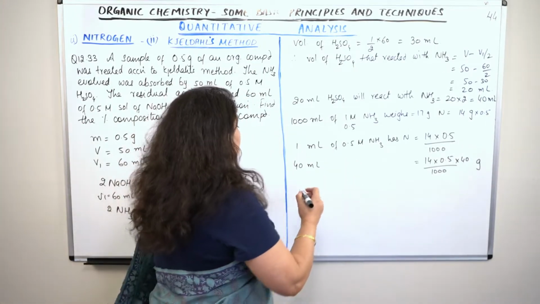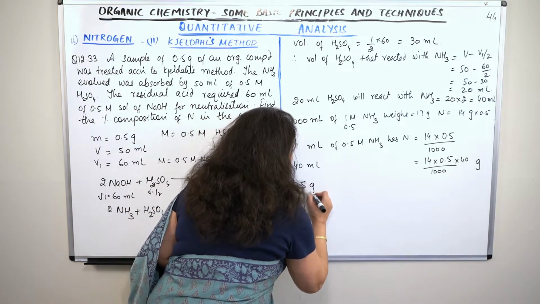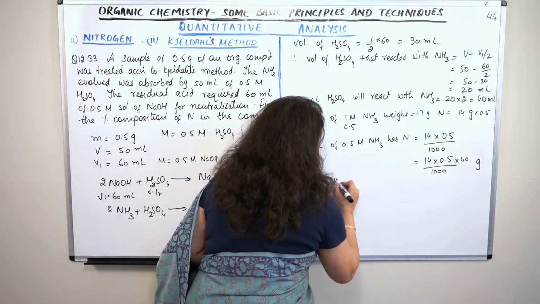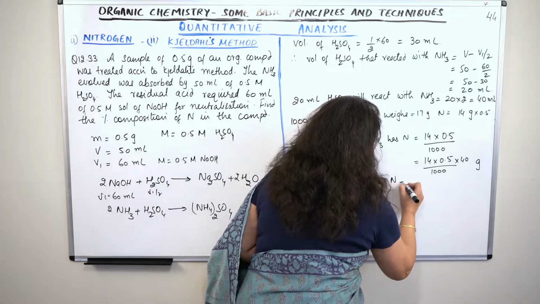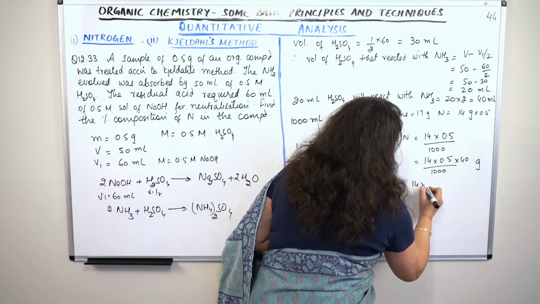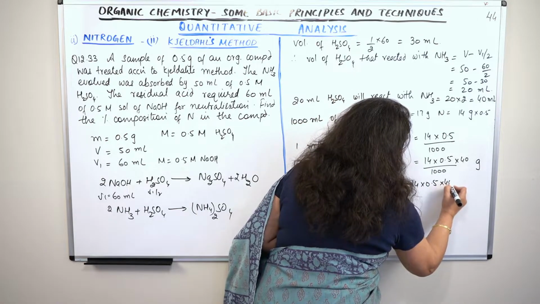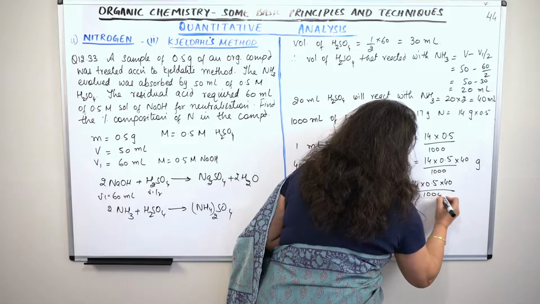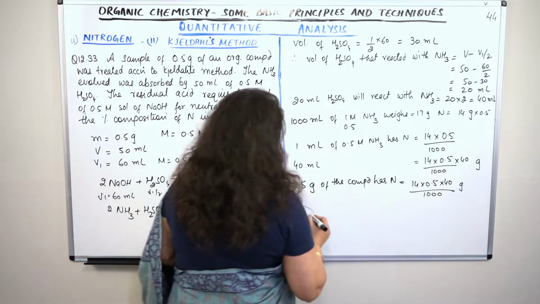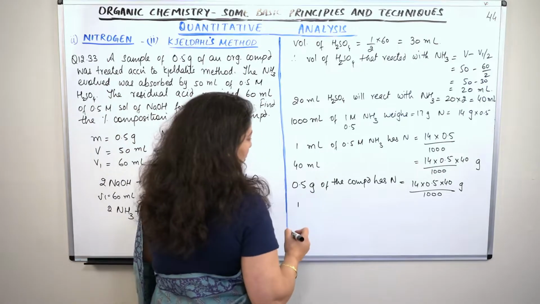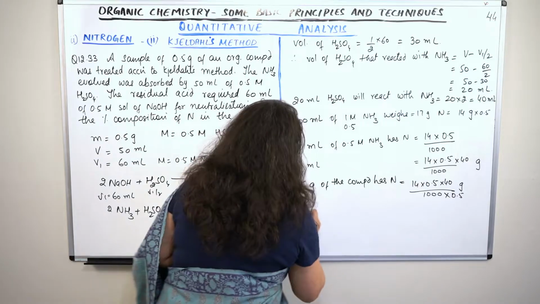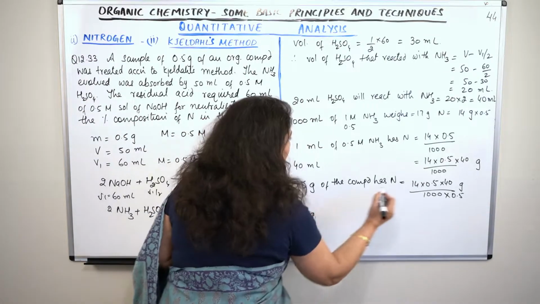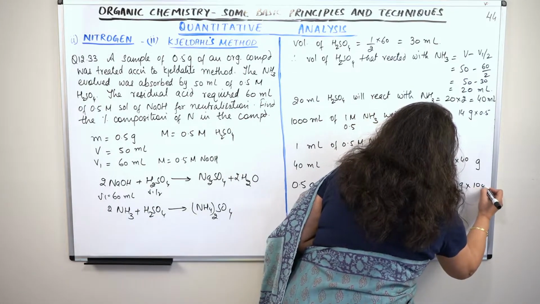So we'll say that 0.5 grams of the compound has nitrogen equal to 14 into 0.5 into 40 upon 1000 grams. So 1 gram of the compound will have, divide by 0.5, and 100 grams will have, into 100.